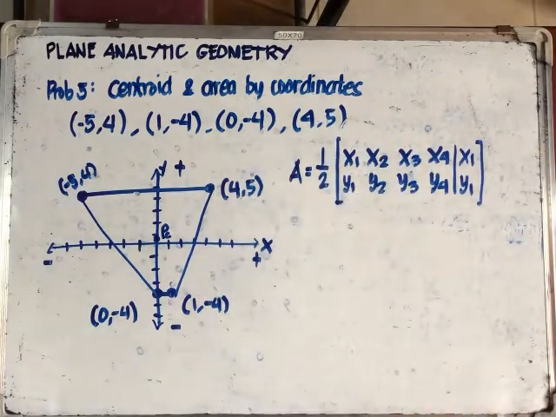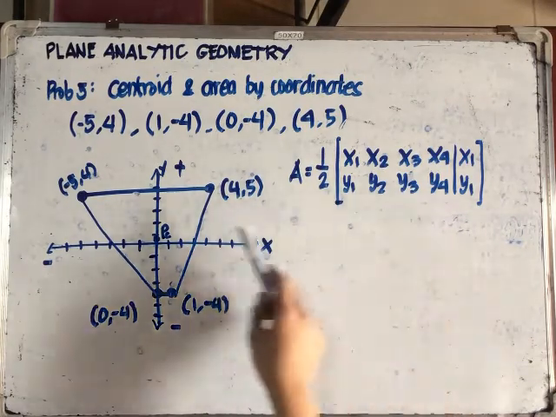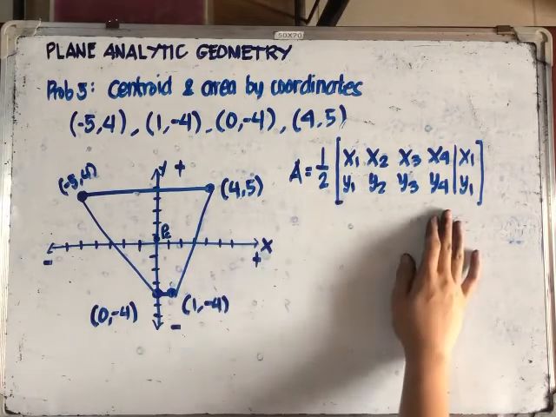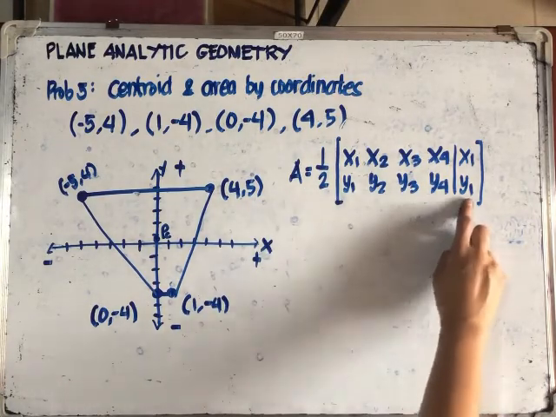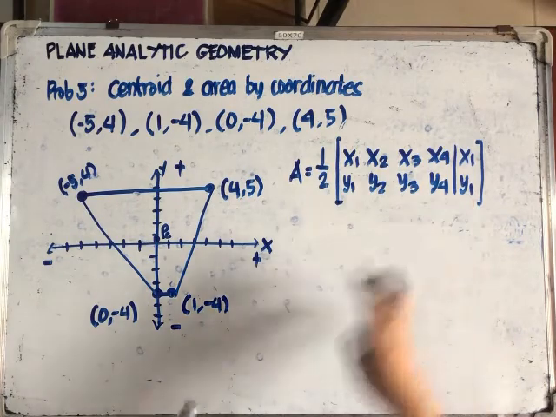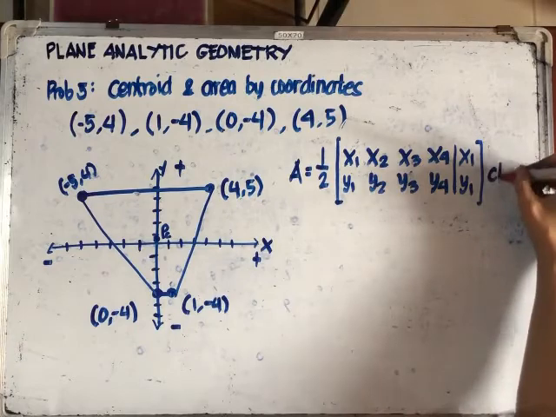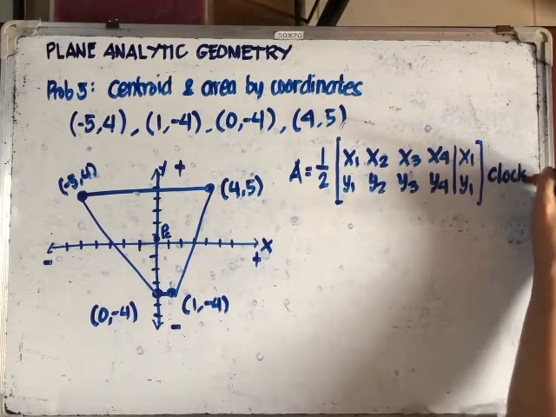Okay? So, hanggang x sub 4 lang ako dito kasi 4 na points lang yung meron. But if marami ka pang points na binigay, say 6 or 7, i-extend mo lang siya. And what you need to remember is, i-repeat mo yung una mong sinulat. And, nasa clockwise direction tayo. We follow the clockwise direction.